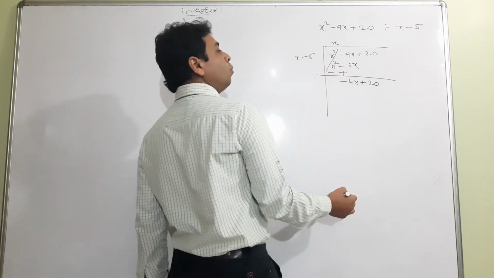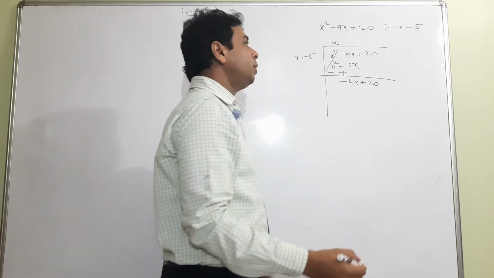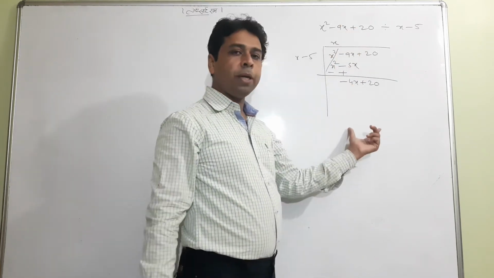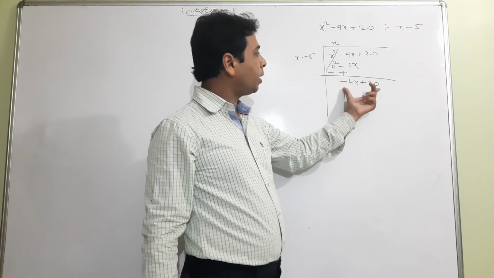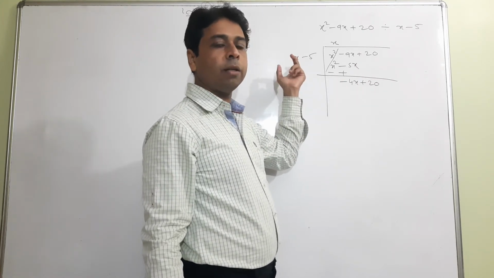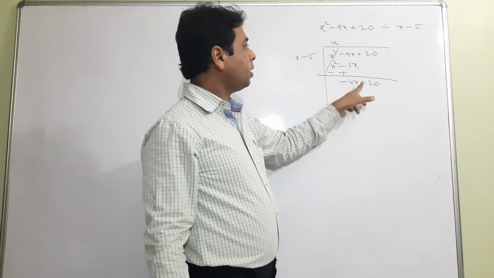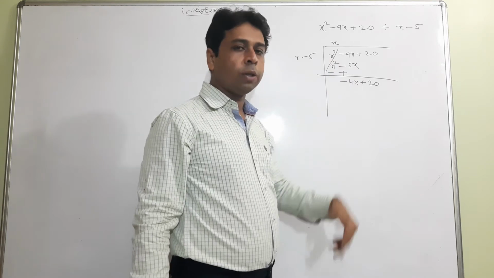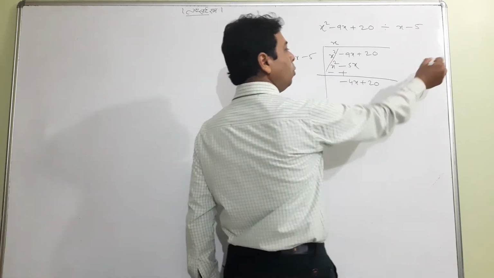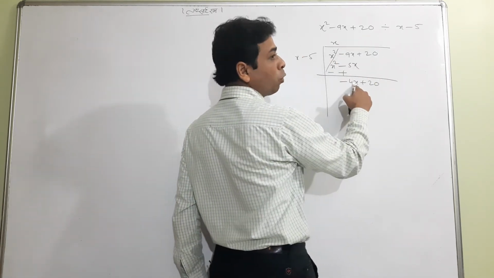Now, what is the method I have told you? The procedure will keep going on until the power of x in the remainder is less than the power of x in the divisor. So it is still x to the power 1 and x to the power 1, meaning the division will go on. Next step also, what will it be? I have taught you the method.